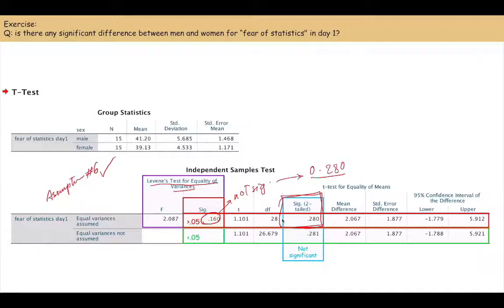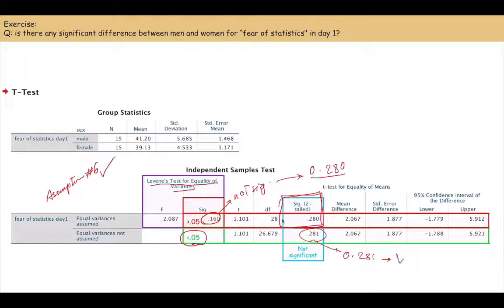Fortunately, SPSS also gives us a possibility: if Levene's test is significant, it means that assumption number 6 is violated. Practically, we cannot use the independent t-test, but fortunately SPSS calculates another value here, 0.281, which is not the t-test.